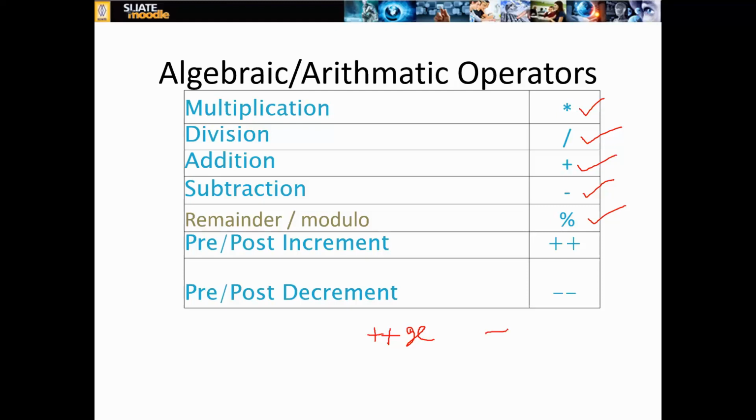In that case, we call it pre-increment. And if we use that after x, in that case, we say it is post, right? So what usually will happen when we have this is, assume that you have x.